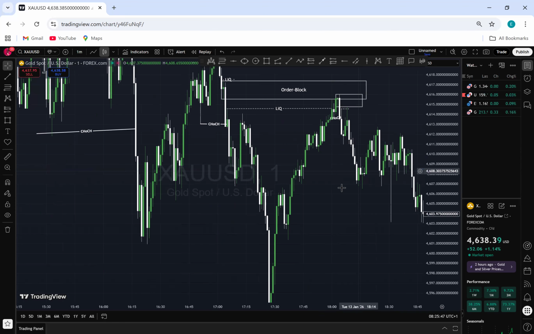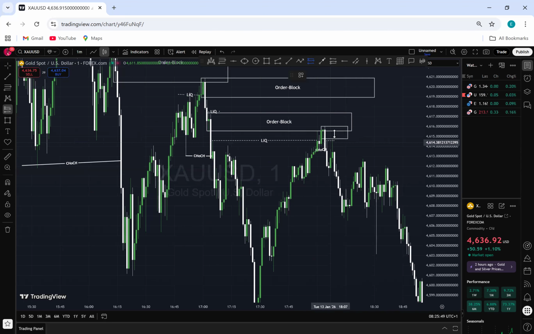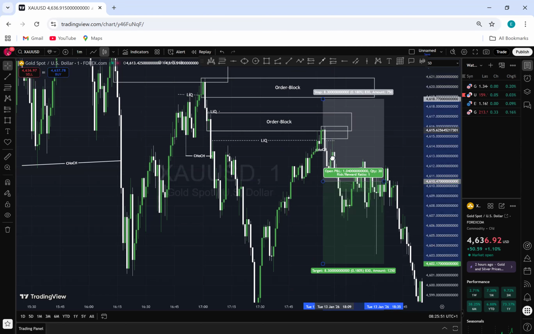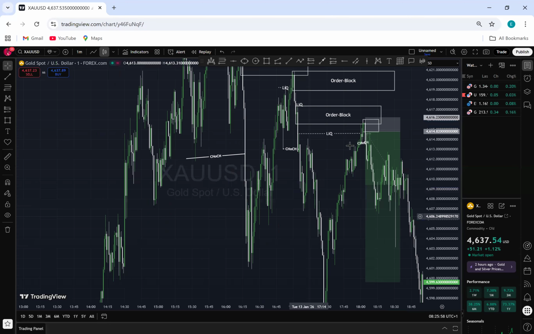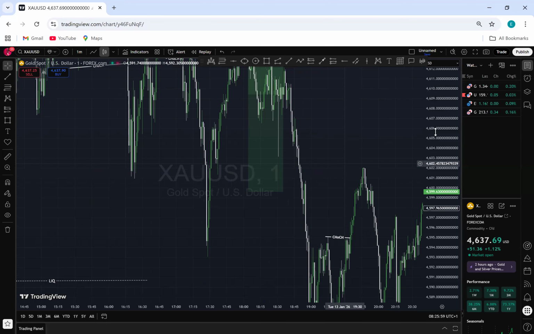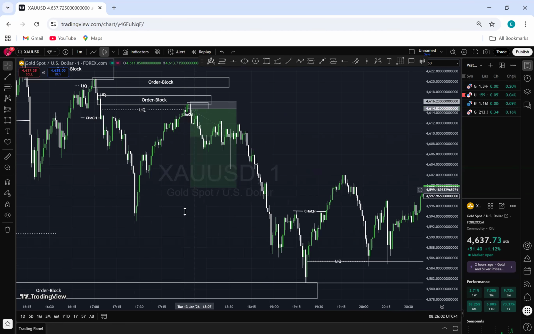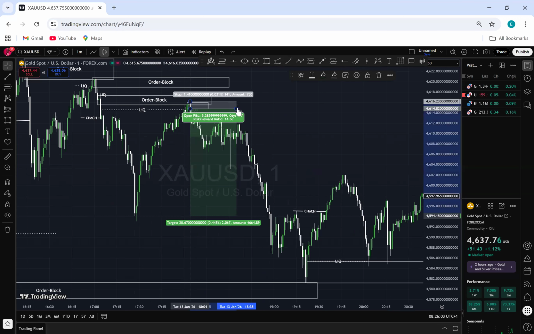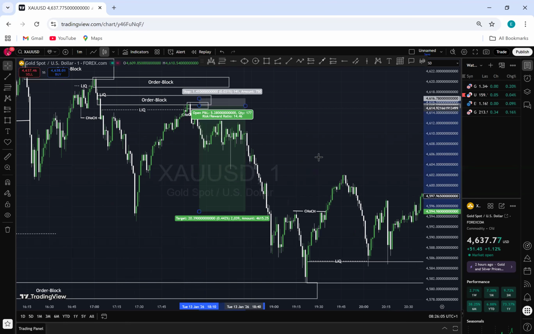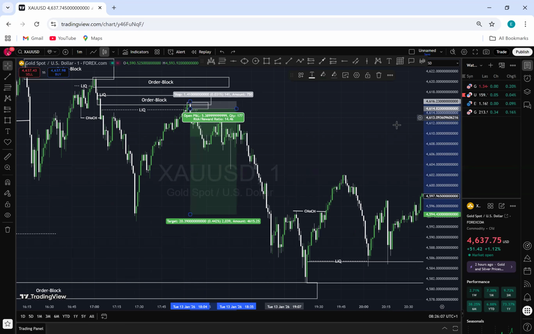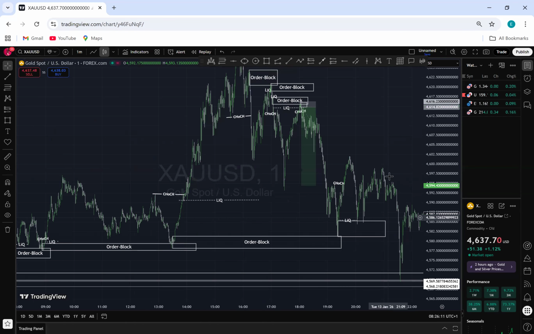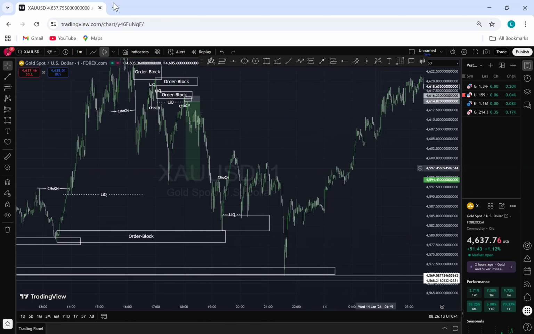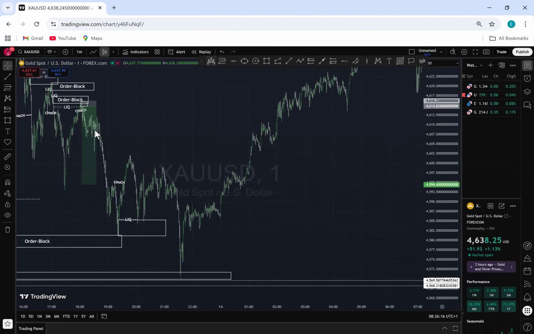Yes, sir. So you would have had a sell from this zone into this guy here, right? Into this guy here. So having explained this, let's now see what is expected from the markets.